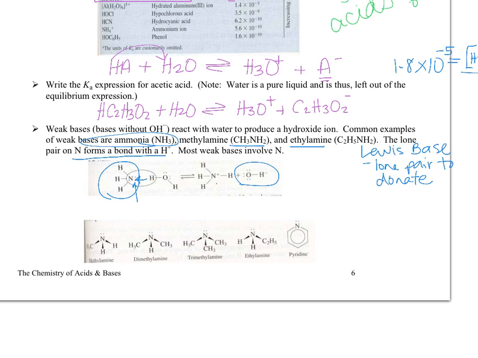If you look at all these examples, they all have nitrogen with that lone pair. That lone pair is always more likely to pull a hydrogen off of the water, and it's going to act as a base. So if you see that, it's a good thing to recognize. That'll cut you down on a little bit of time and make your life a little easier.